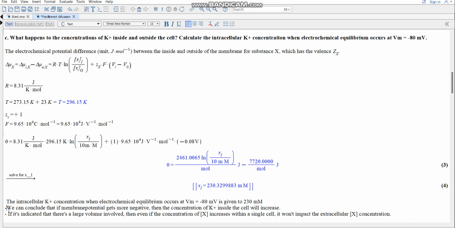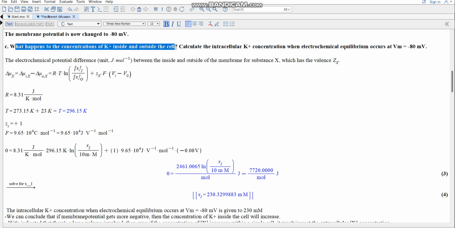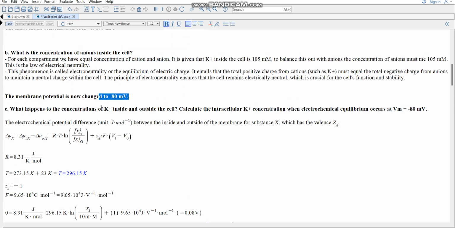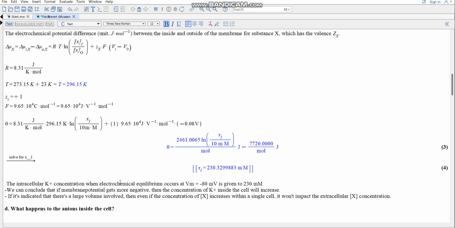So we can conclude, because they're asking us what happens to the concentration of K+ inside and outside the cell if you change the membrane potential from -60 millivolts to -80 millivolts, well, what will happen?